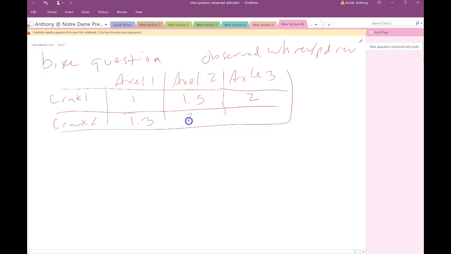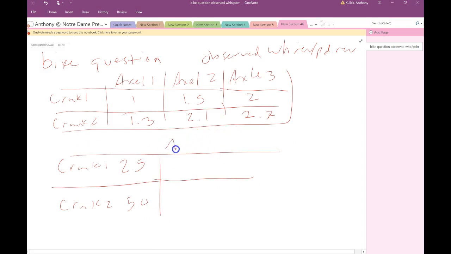And then you might have another similarly formatted table where I also write the teeth in here. So, like, 25, this is way too big, maybe 30.